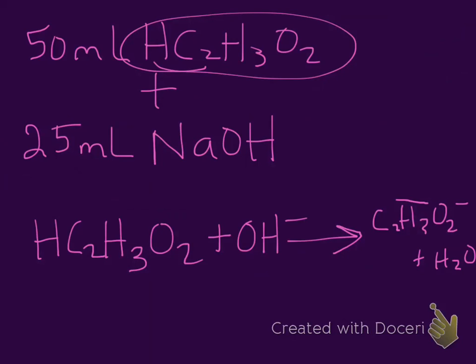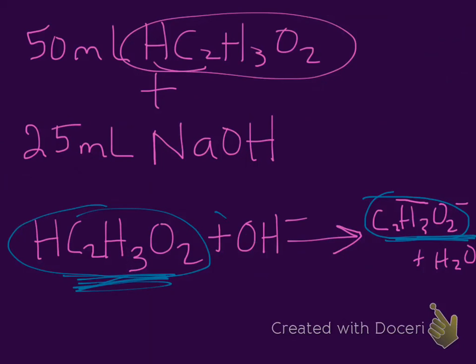We don't really care about the water. So now we have the conjugate base, and we have the acid. And because we've only used up half the amount of acid, some of the acid is left and some of this is formed. This will get used up in the chemical reaction. So all you'll be left with is your weak acid and your conjugate base, and that's what makes a buffer.